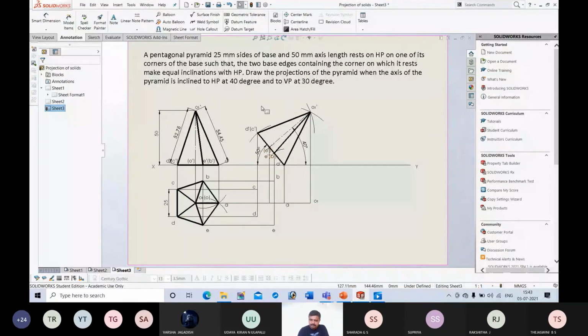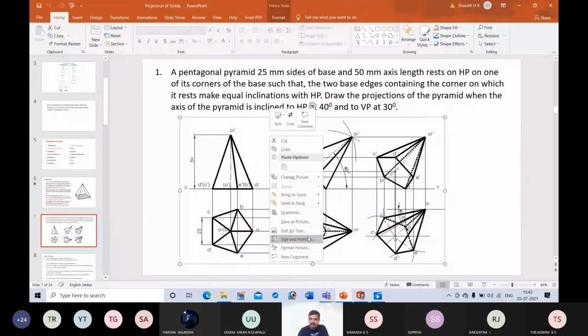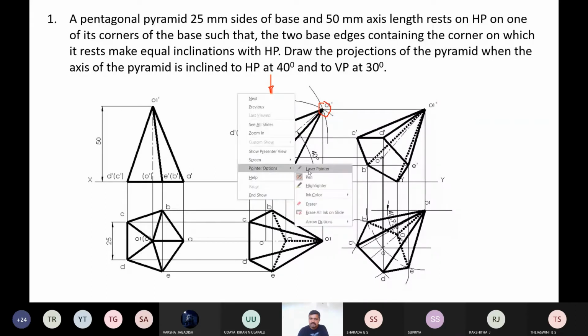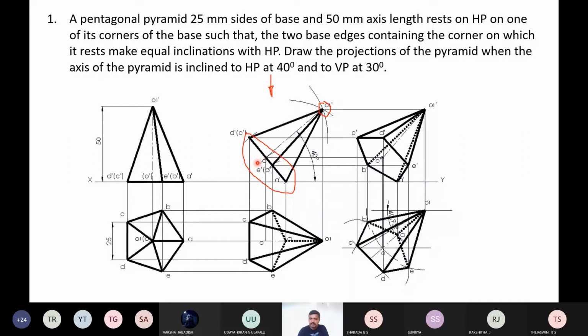So here for the second position, since it is a top view, the observer is looking from this direction. For the observer, if the apex is nearer compared to the base, then the base will become invisible. From top, you cannot see what is there in the base, so that's why it should be represented in dashed line.